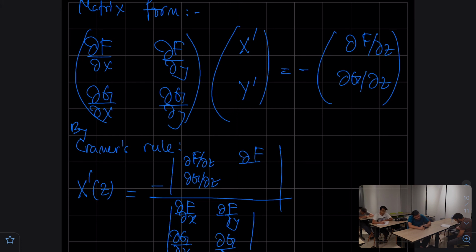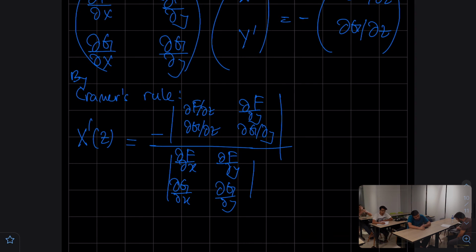Okay, so the condition is that this cannot be 0. The determinant cannot be 0. The matrix cannot be singular. So similarly, you can write down y prime of z, and that's what we want to know.